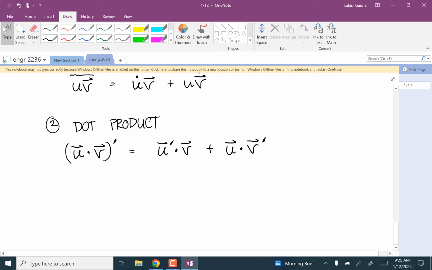And in this class, everything pretty much is going to be derivatives with respect to time, so you can write the time derivative like this. The time derivative of the whole thing is equal to u dot dotted with v plus u dotted with v dot.